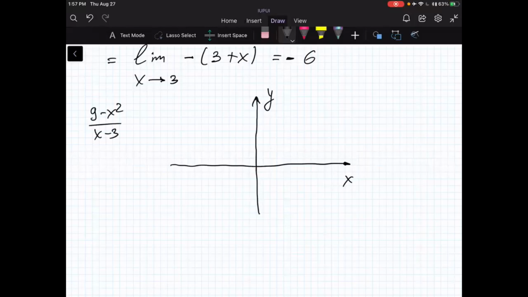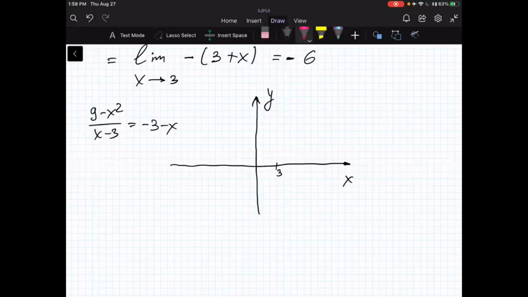The domain is all x except 3, all real numbers except 3, because 3 is the 0 of the denominator. So at point 3, our function shouldn't be defined. But outside this point, we see that this function is the same as minus 3 minus x.